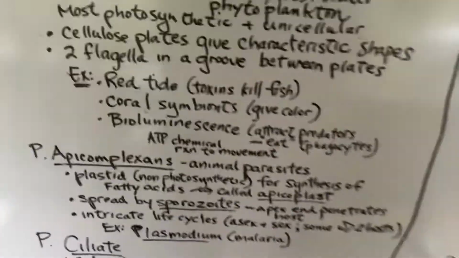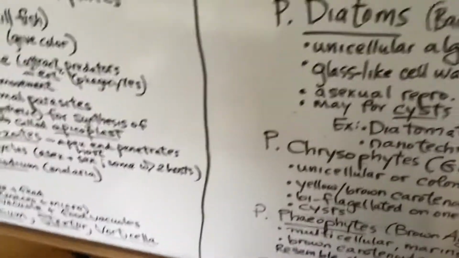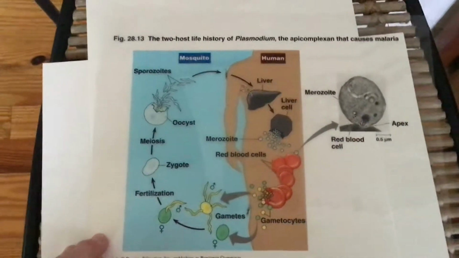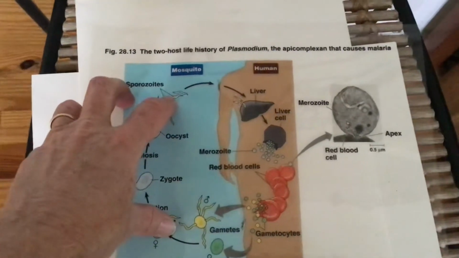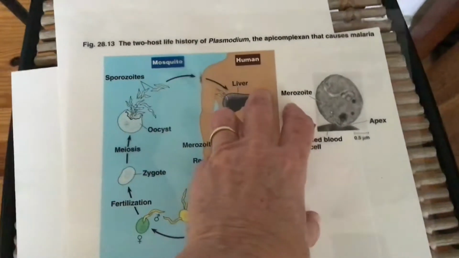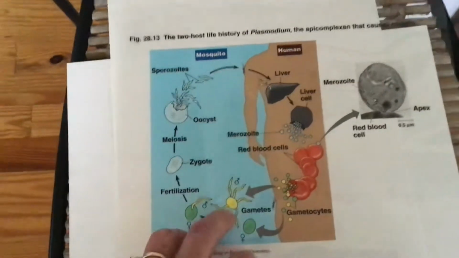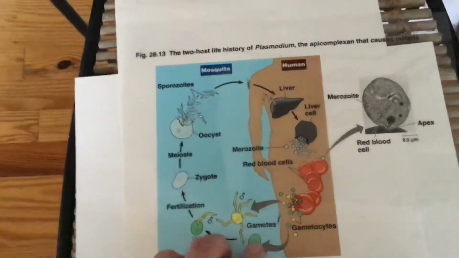For example, malaria, let me just show this to you. This is in your textbook, but malaria has an unusual life cycle. Part of it is in the mosquito and part of it is in humans. What happens in the mosquito is that the mosquito gets infected by a gamete.